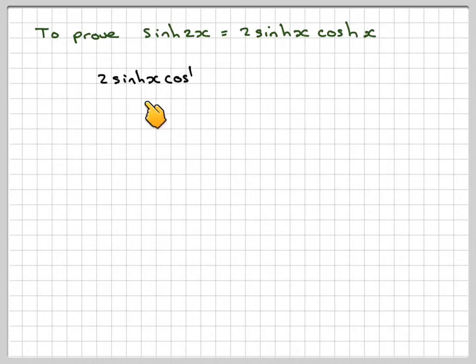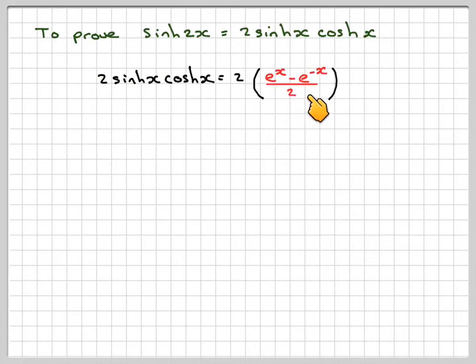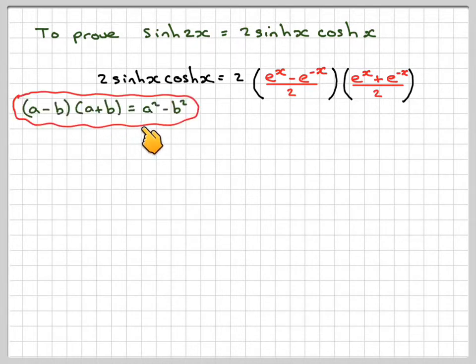For the second identity, which is sinh 2x is equal to 2 sinh x cos x, I'm going to use this one first. Take 2 sinh x cos x, which is equal to 2 times e to the x minus e to the minus x over 2, times e to the x plus e to the minus x over 2. Now you might notice here you have the difference of two squares, a squared minus b squared.